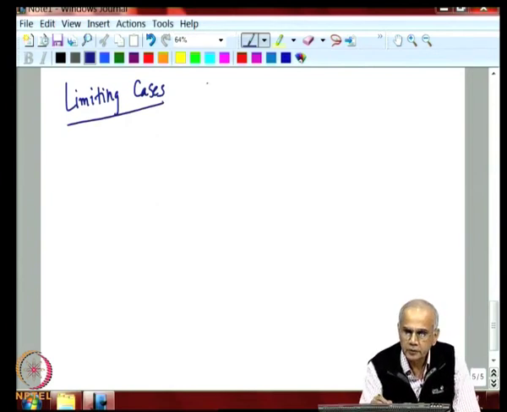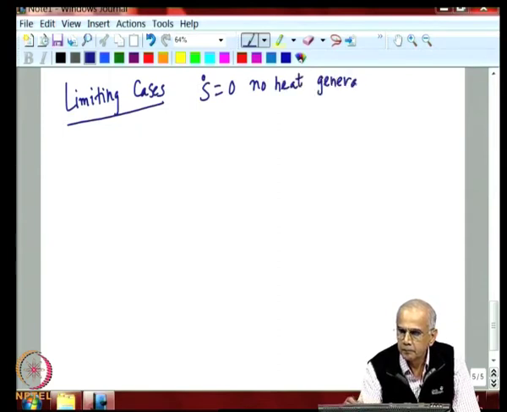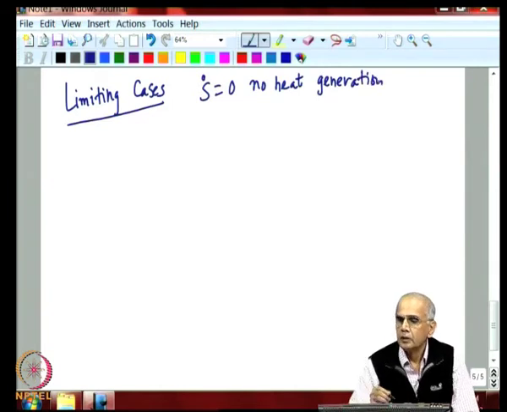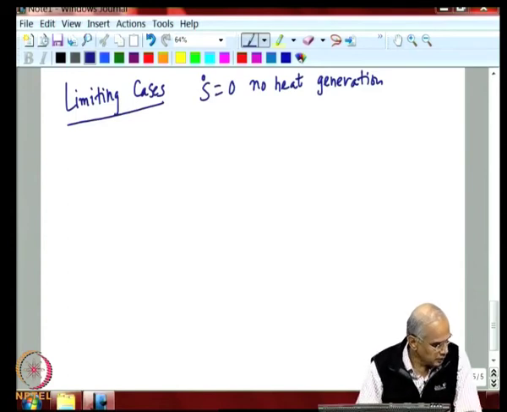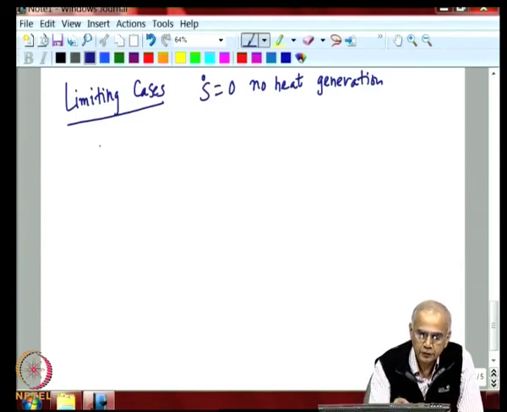So, one limiting case is of course no heat generation. So, this is a case we had really done earlier in our lectures when looking at how to use the diffusion approximation. So, let us see how that simplifies the following result. You can easily verify that.